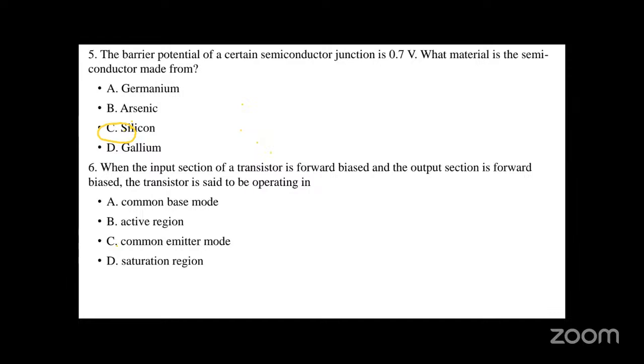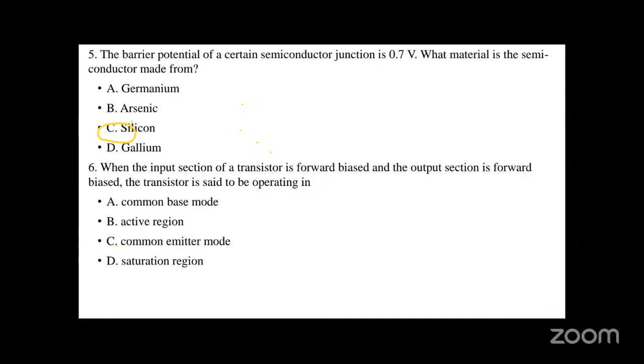Now, when the input and the output are both reverse bias, that is referred to as cutoff mode. In that mode, the transistor serves as an open circuit, which is off mode in a switch.